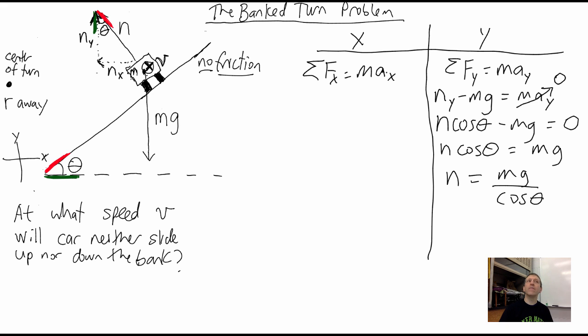You can't make it the negative direction unless you want to add a negative every time you have the letter a. Hint, here's the center of your circle right here. X direction to the left is going to be towards the center, which we call centripetal.